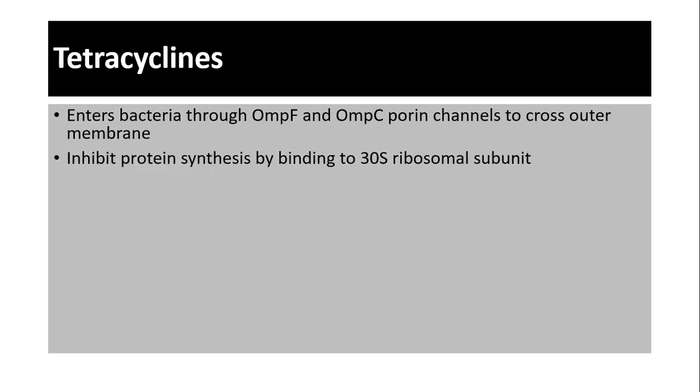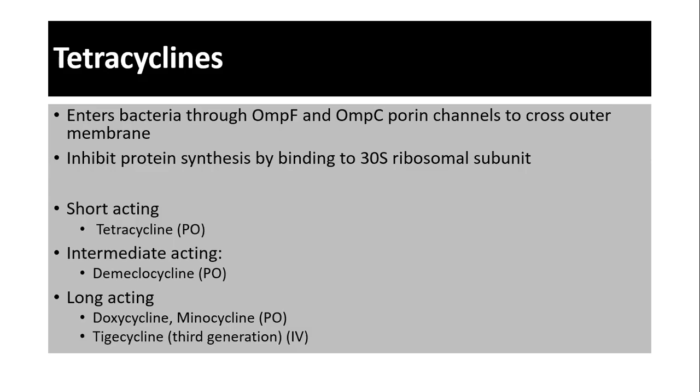Then tetracyclines. Tetracyclines enter the bacteria through porin channels. They inhibit protein synthesis. There are three types of tetracyclines. Short-acting includes tetracycline, given peroral. Intermediate-acting includes demeclocycline, and long-acting includes doxycycline, minocycline, and tigecycline.